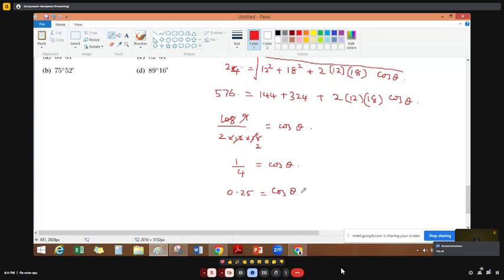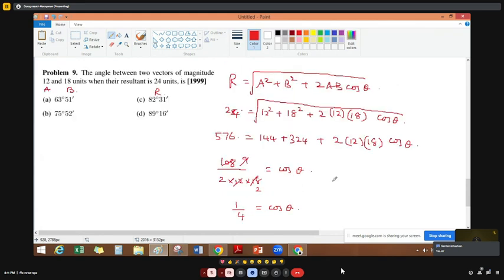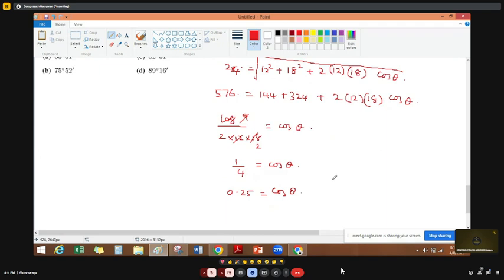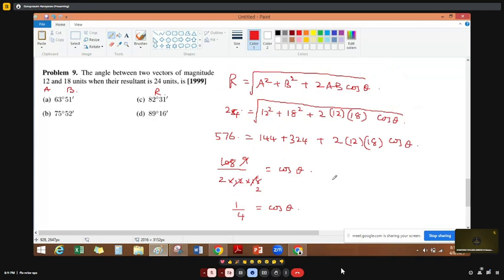I know that cos 30 is root 3 by 2, right? And as you increase the angle, the value will decrease. So cos 60 is 1 by 2, 0.5. Cos 60 is 0.5. And it will decrease further. So that means it should be more than 60.